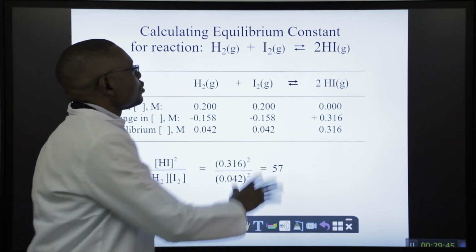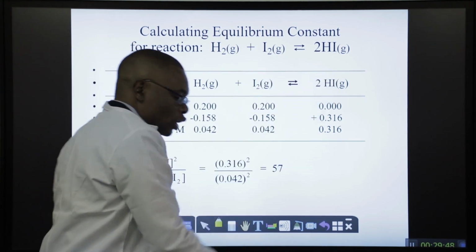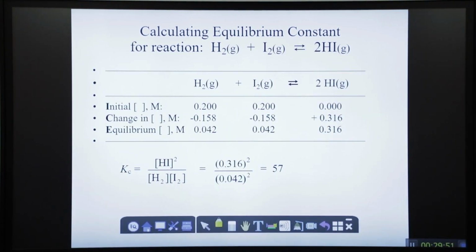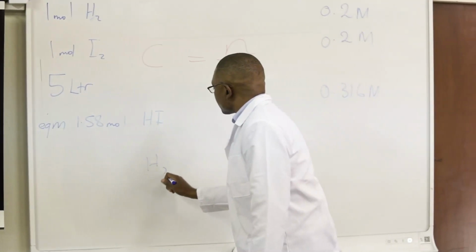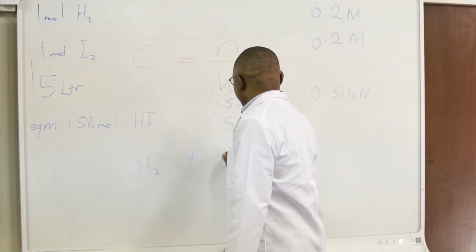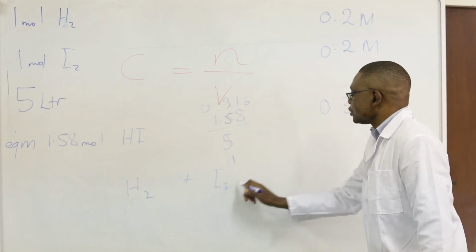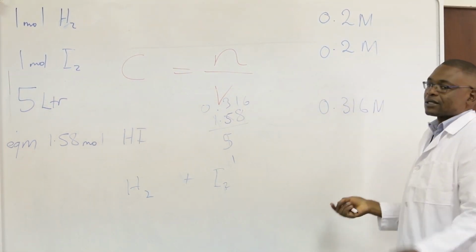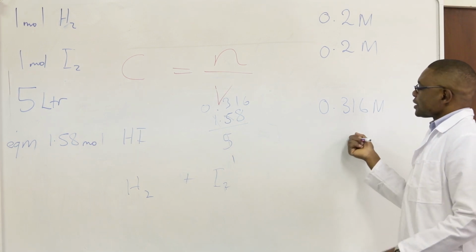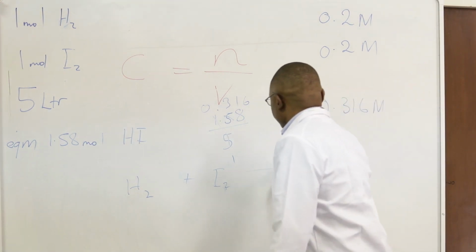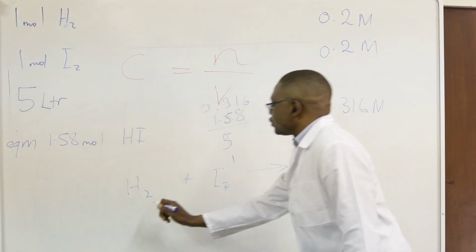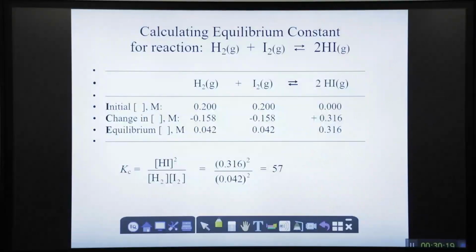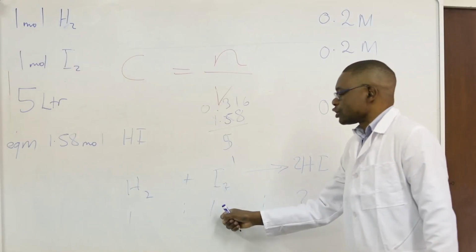So essentially their ratio is 1:1:2. So if 1 mole of hydrogen reacts with 1 mole of iodine to give us 0.316 concentration of this, their ratio is 1:1:2.